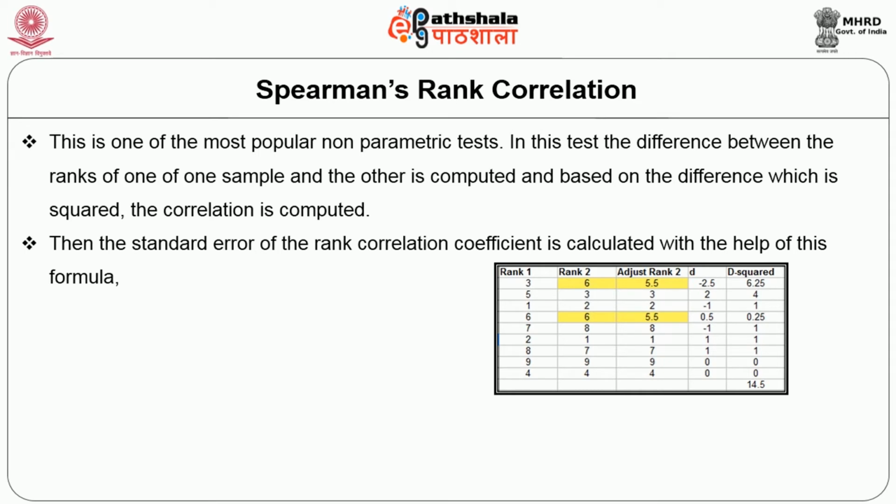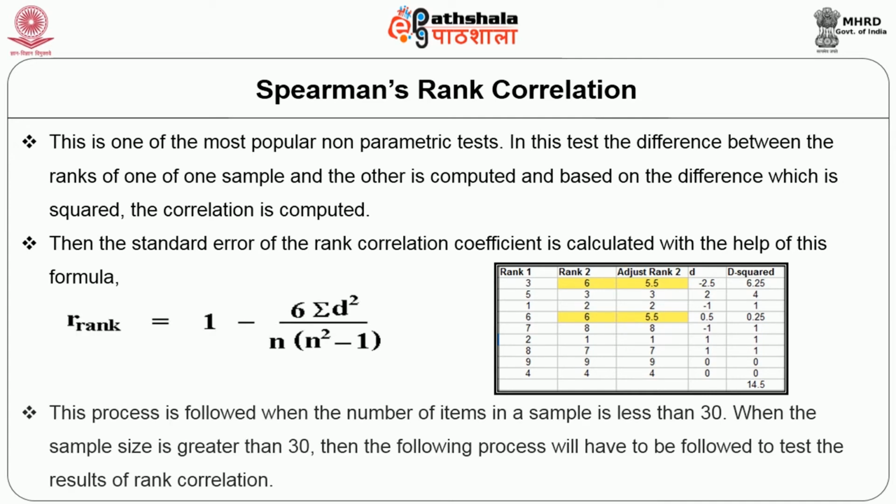Rank correlation is expressed by the formula 1 minus 6 sigma d squared divided by n into n squared minus 1. This process is followed when the number of items in a sample is less than 30. When the sample size is greater than 30, a different process has to be followed to test the result of rank correlation.